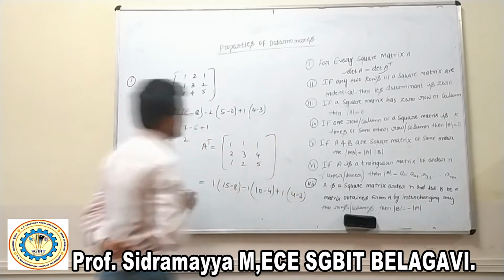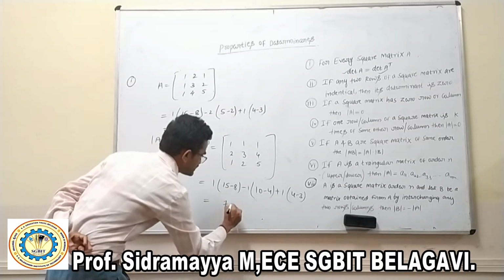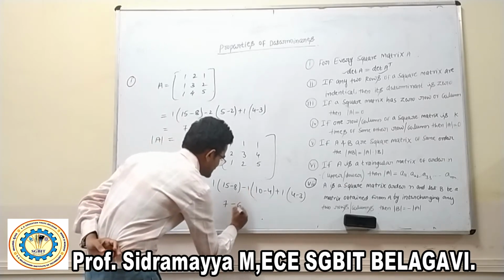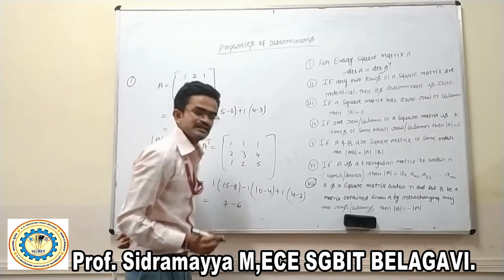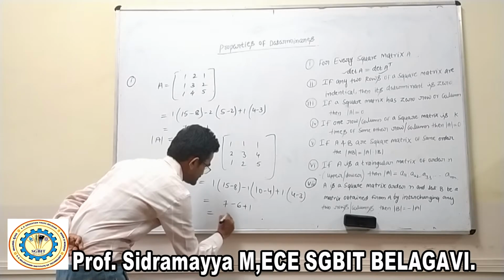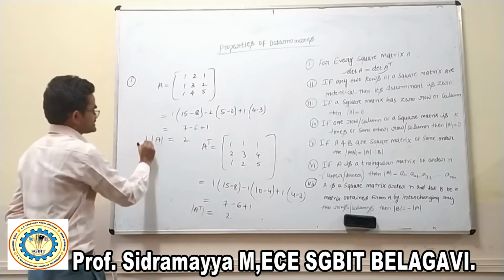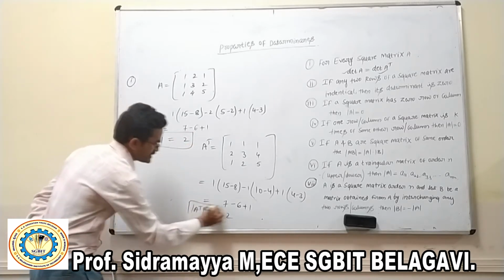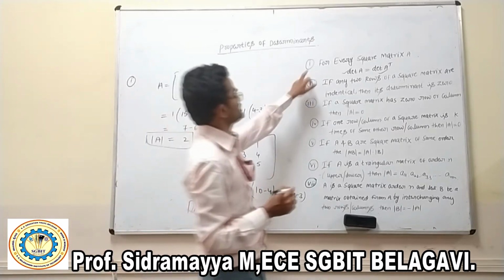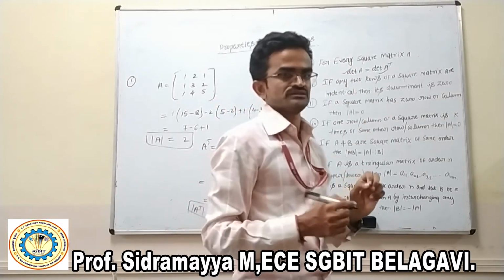Now look at here. 15 minus 8 is 7, 10 minus 4 is 6, 6 into 1 is 6, 7 minus 6, and 4 minus 3 is 1. So 7 plus 1 is 8, 8 minus 6 is 2. So this is the determinant of A transpose. Look at this, this is the determinant of A and this is the determinant of A transpose. Both are equal. It says that for every square matrix A, determinant of A is equal to determinant of A transpose.